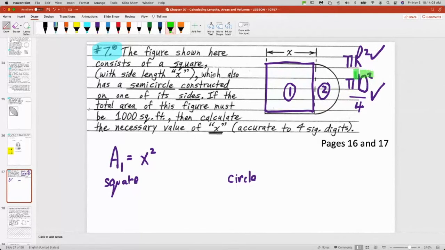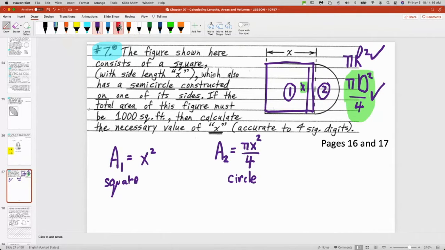I'm going to choose the second formula this time, because the diameter is x. See this here? That's the diameter. The diameter of the circle is x. So this allows us to write a formula there. Yeah, you could also times it by a half as well. I'm just going to do it this way because I want to see x in the formula. So the area for the circle is pi x squared over 4.